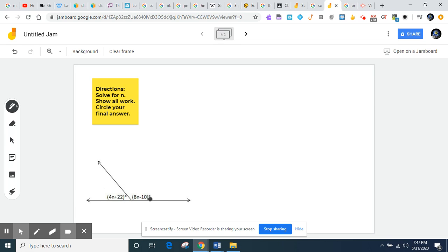So we're going to start by combining our two expressions here. So we have 4n plus 22 plus 8n minus 10 equals 180 degrees.